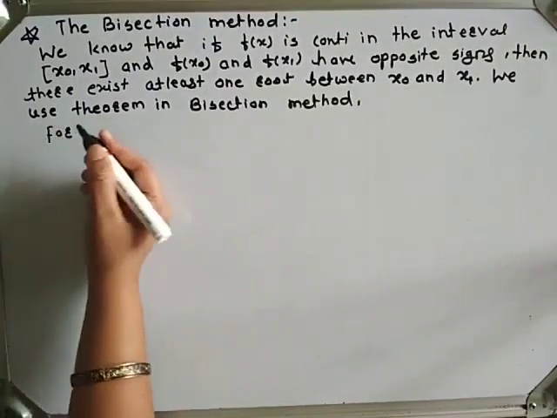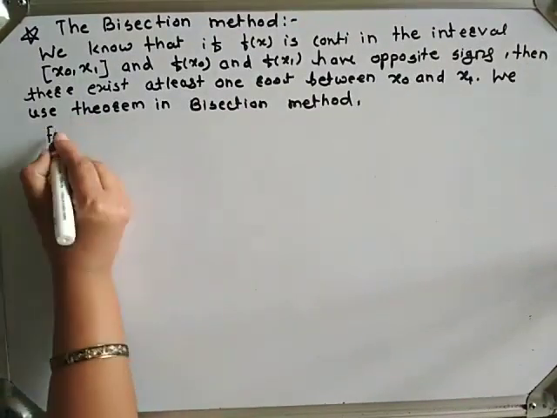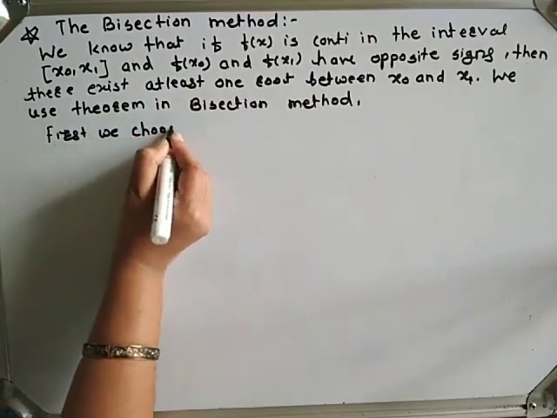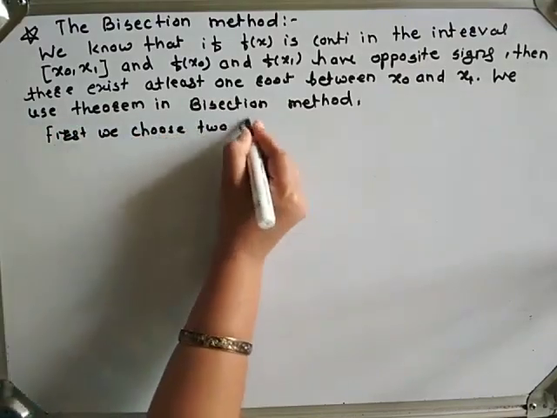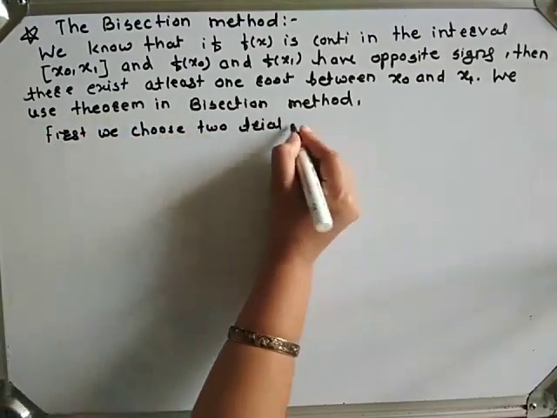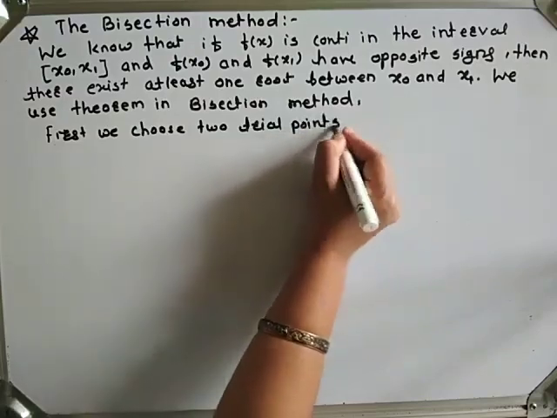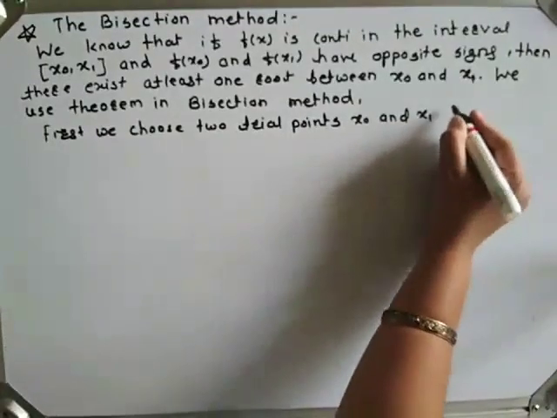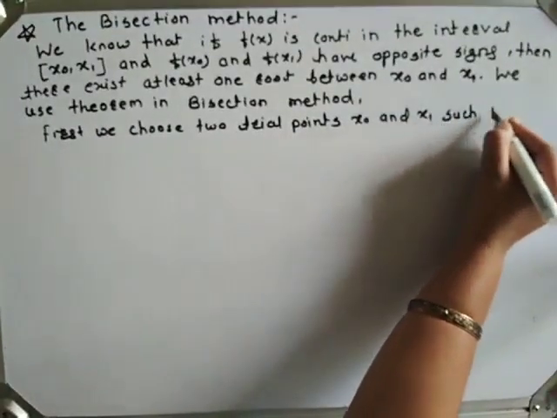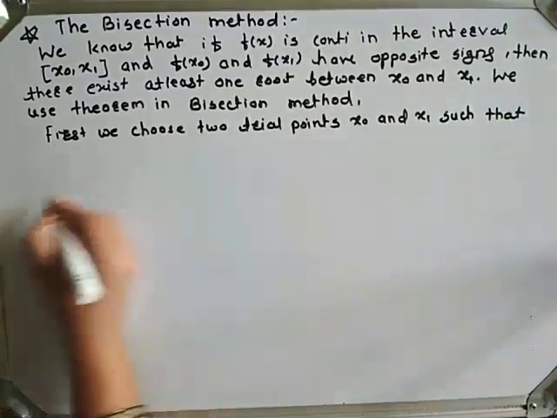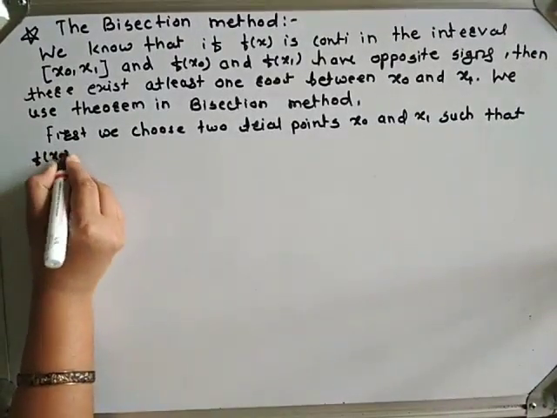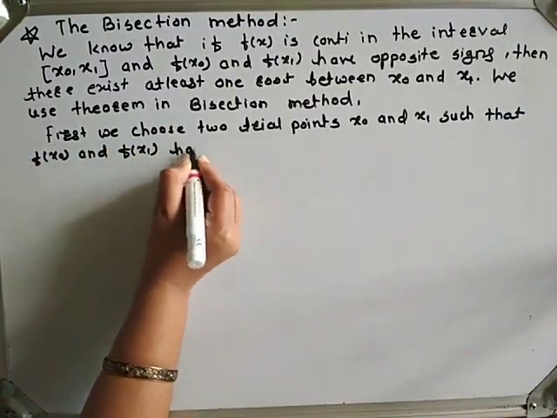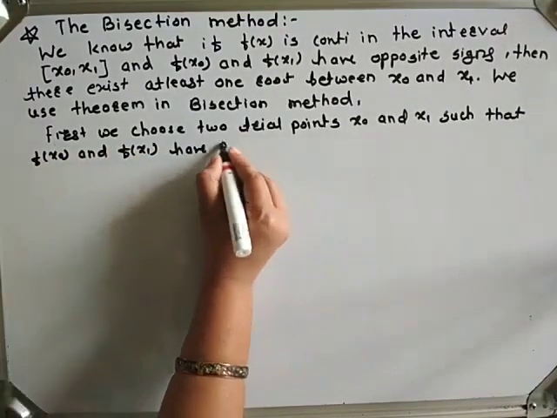For this, first we choose two trial points x0 and x1 such that f of x0 and f of x1 have opposite signs.